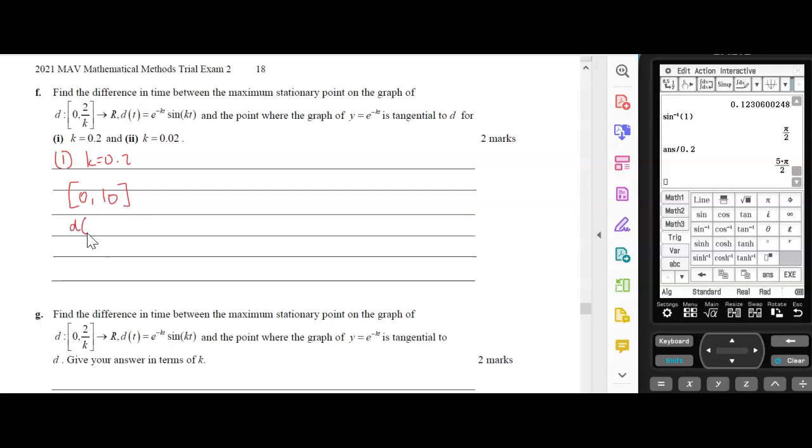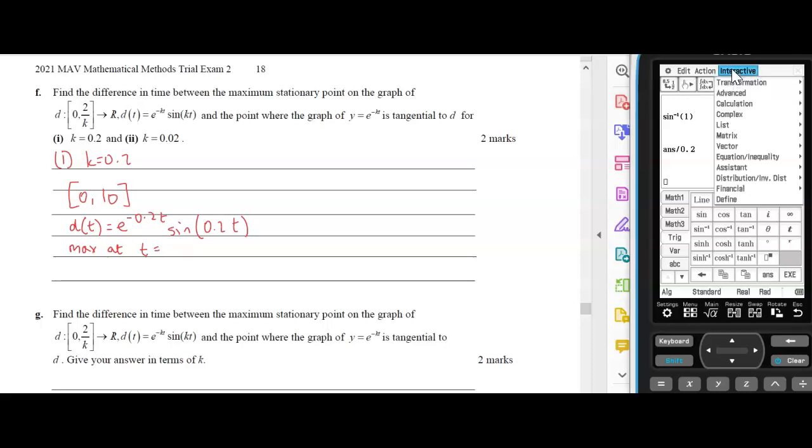And dt is going to equal e to the negative 0.2t sine 0.2t. All right, so let's have a look first of all. Find the difference in time between the maximum stationary point on the graph. Okay, so we'll find the maximum point first. So the max at, all right, so we'll do that on the calculator. Maximum.